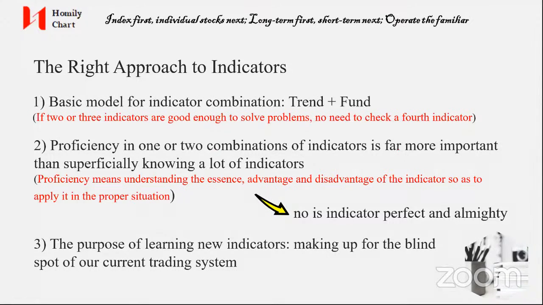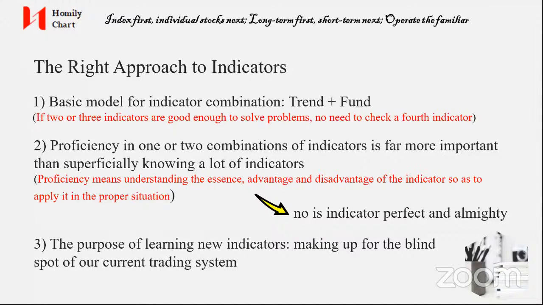Of course, this combination is very useful, let's say for 80% of all the situations. But for the rest of the 20%, maybe that's the blind spot, right? Then you can try to find some other indicators to make up for such blind spots.